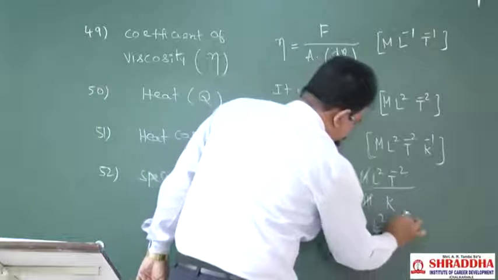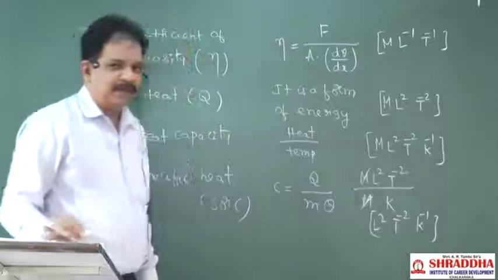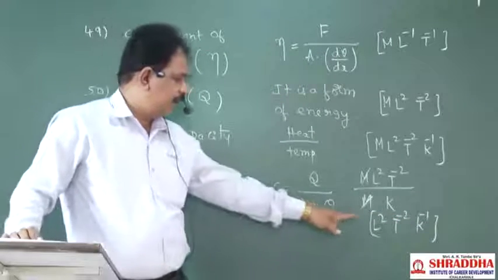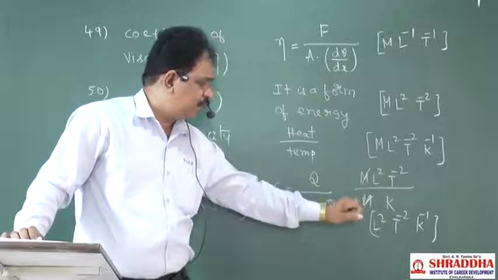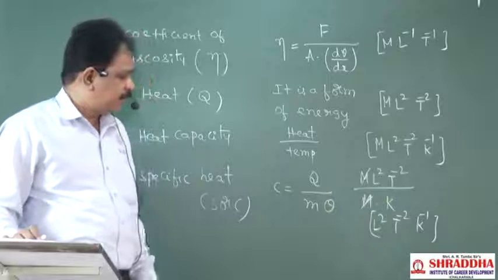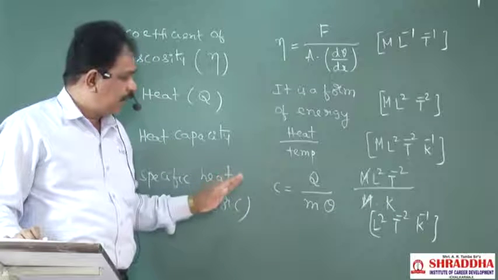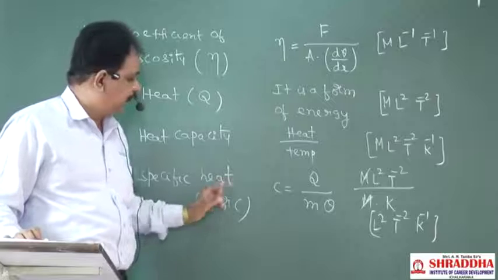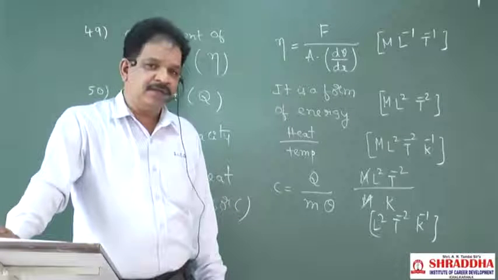So L square T power minus 2, this K came to the numerator, it becomes K power minus 1. L square T power minus 2 K power minus 1, that is the dimensional formula of specific heat.